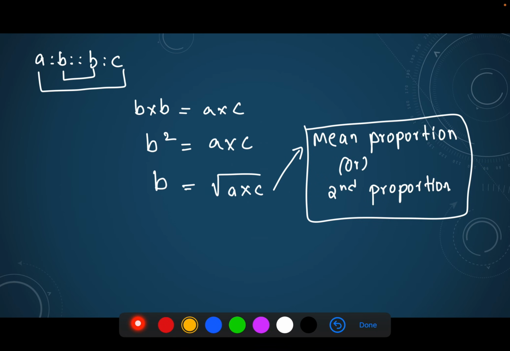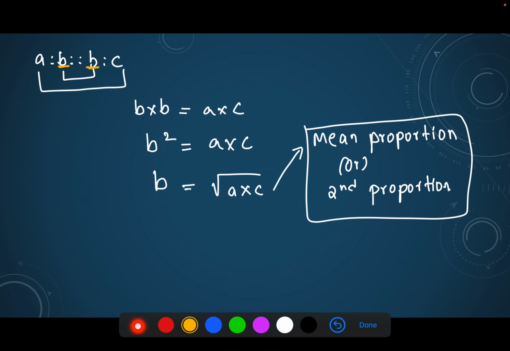And if we get another problem, having not only a proportion, but both these numbers are same, then what will happen?